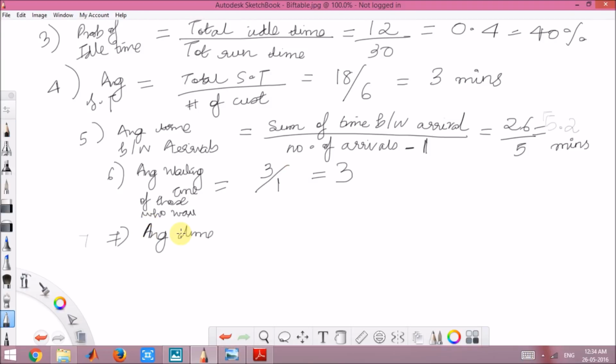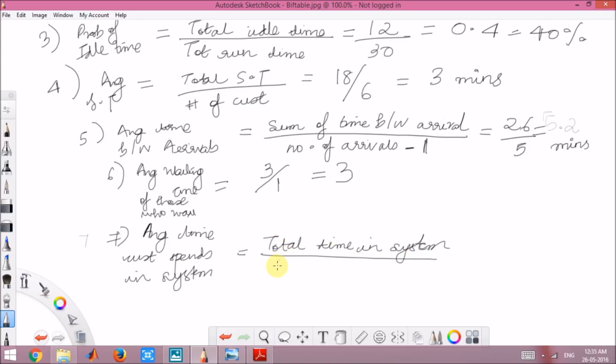Okay, the seventh thing that they ask us to calculate is the average time the customer spends in the system. So that is equal to the total time the customers spend in the system divided by the total number of customers.